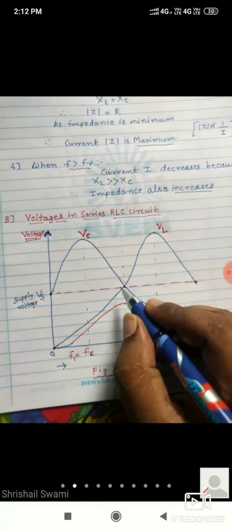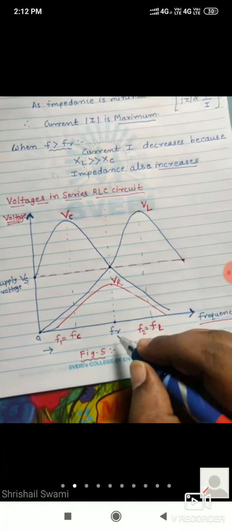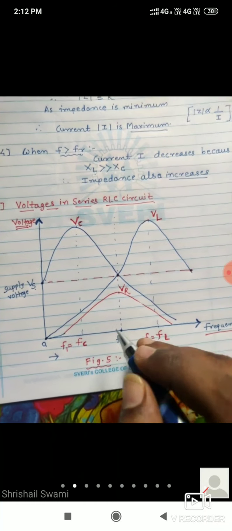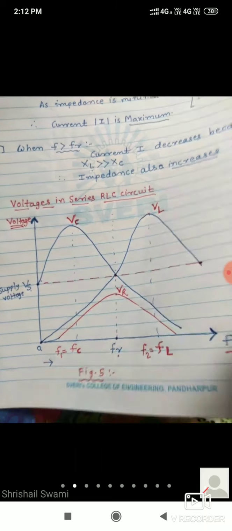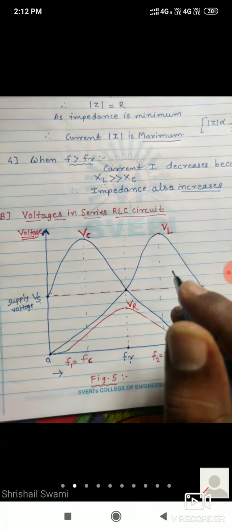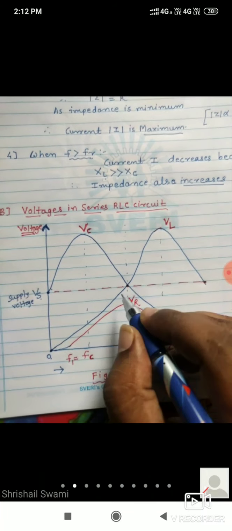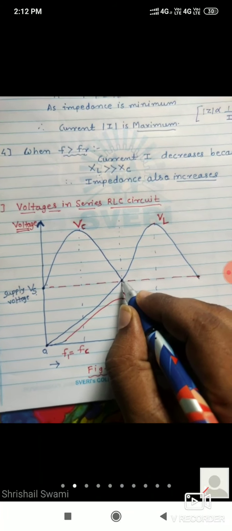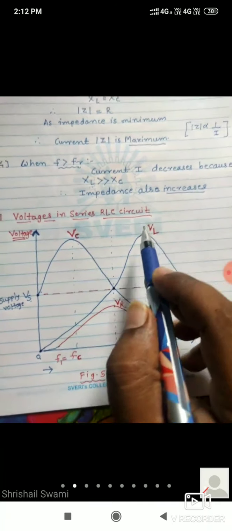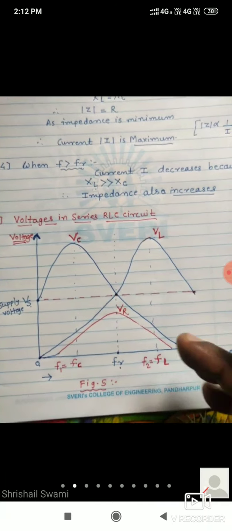At a particular frequency, that is called the resonant frequency, what will happen? XL becomes equal to XC. So when XL becomes equal to XC, what about VC and VL? What will be the magnitude of both of them? Same.